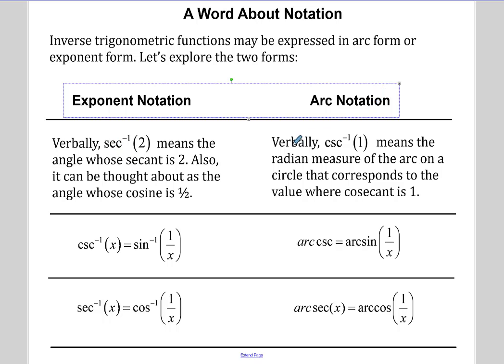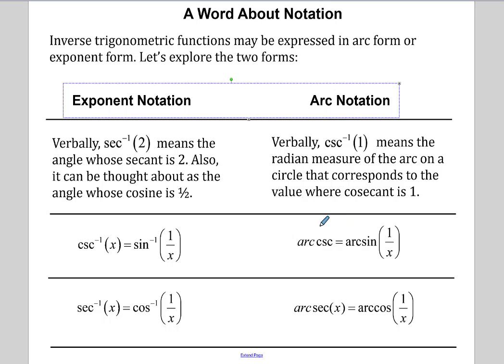In arc notation, we can also write using cosecant inverse of 1 means the radian measure of the arc on the circle that corresponds to the value where the cosecant is 1.